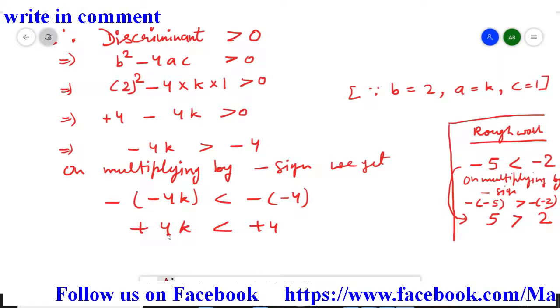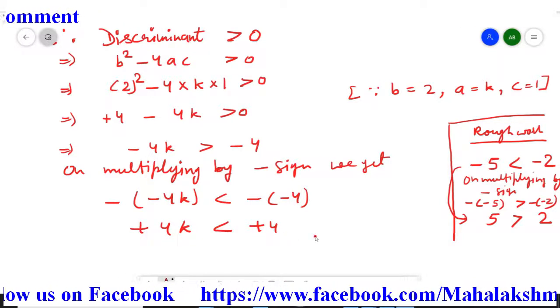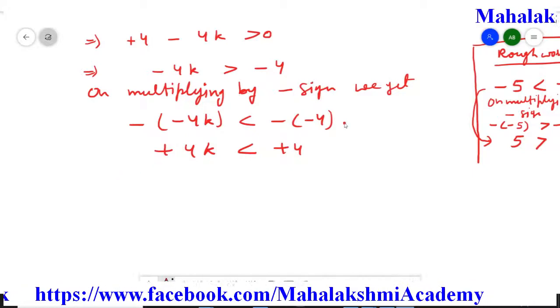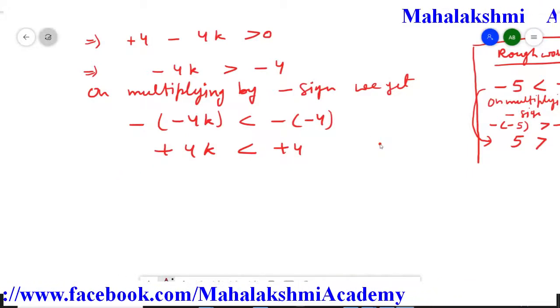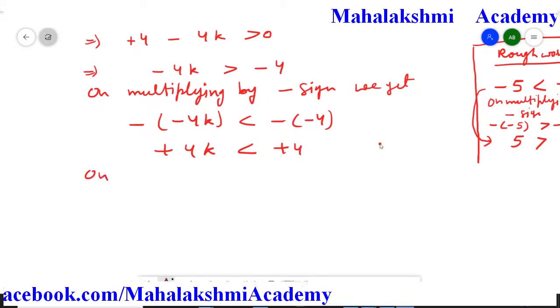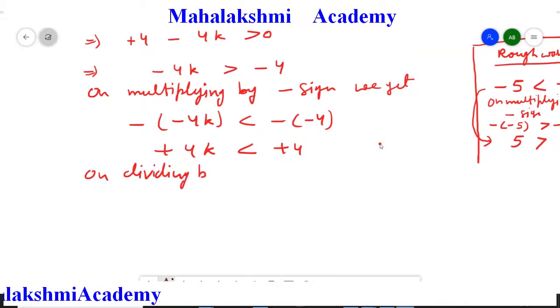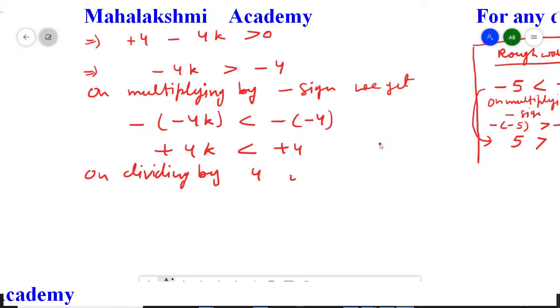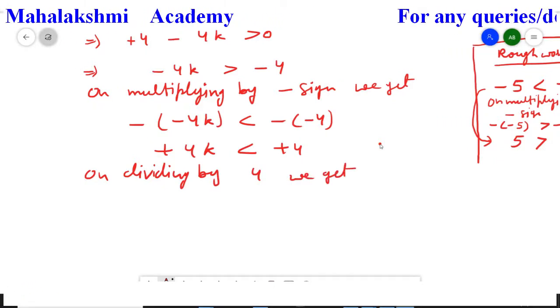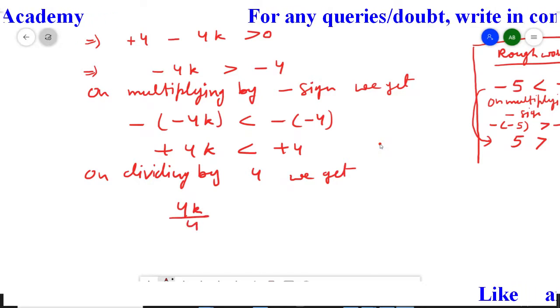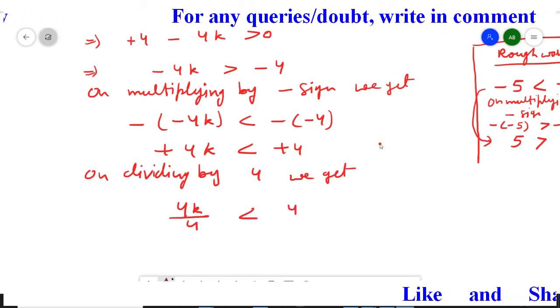So now we obtained plus 4k less than plus 4. Since we want only k, we'll divide the complete inequation by 4. On dividing by 4, we get 4k divided by 4 less than 4 upon 4.